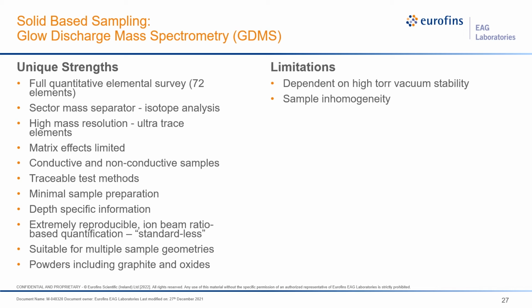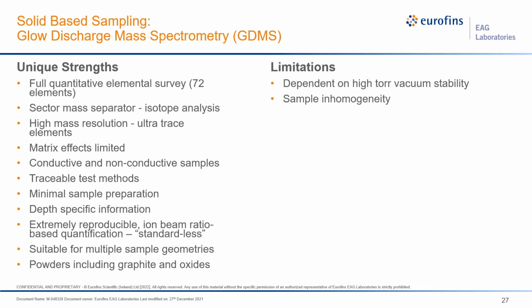It has very traceable test methods, an extremely reproducible technique with, for example, an annual reproducibility of results and measurements of less than 10%. So it's excellent for long-term or multiple batch process control analysis. It can analyze multiple sample geometries and provide high-resolution depth profiling information.